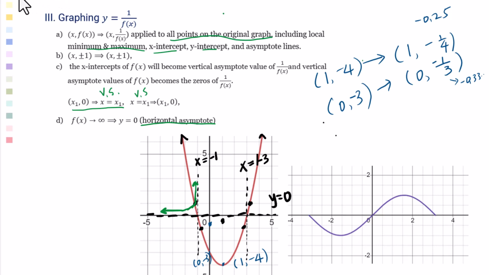Then for the middle graph, do not touch the vertical asymptote line.